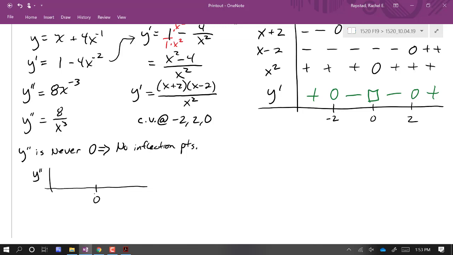It's x cubed, right? We're raising x to an odd power, so it's undefined at 0. But what are my signs? What do we get if we plug in a negative? And if we plug in a positive? So even though there's no inflection point, we will observe a change in concavity. Okay. Just going to happen on either side of this vertical asymptote that we've already identified.